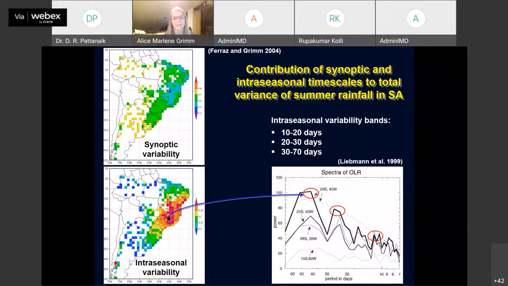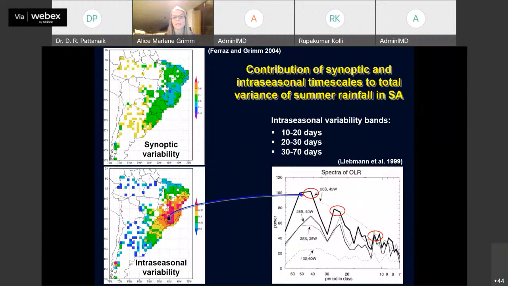You can see that intra-seasonal variability has a great contribution here in Central East South America. It's a very significant contribution, while synoptic variability has a much stronger contribution here in the western part.